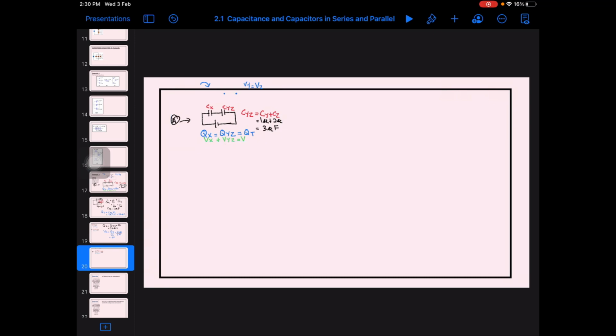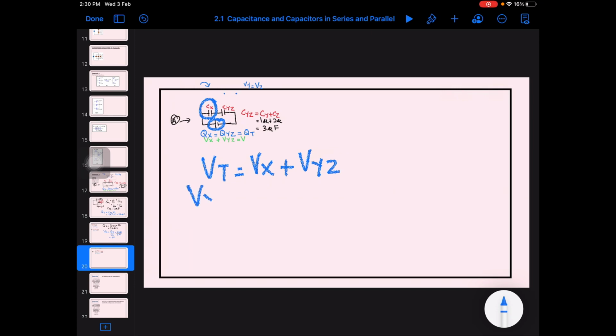Okay. So from this diagram, since we have Vx equals to 6 volt, and we know that the V total here is equals to 12 volt, so we can find Vy and Vz. So V total equals to Vx plus Vyz, where Vyz is equals to 12 minus 6.